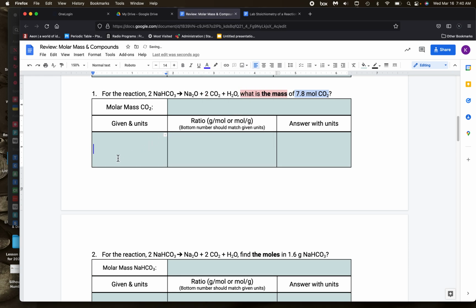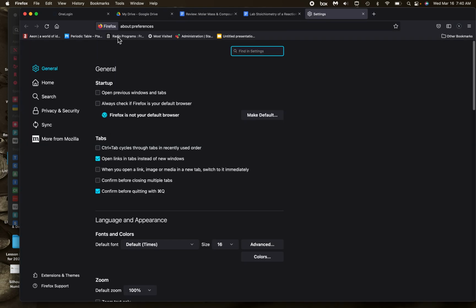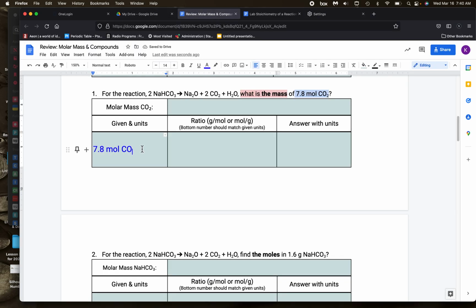Let's just make it a little bigger. 7.8 moles of CO2. We skipped the ratio, and then over here we put what is the mass. Mass is grams of CO2, and that's my question. So, red.